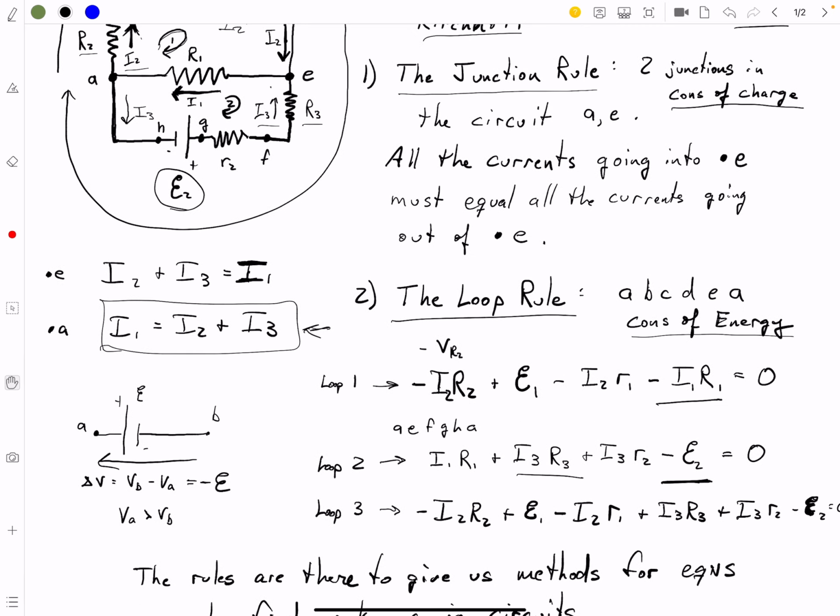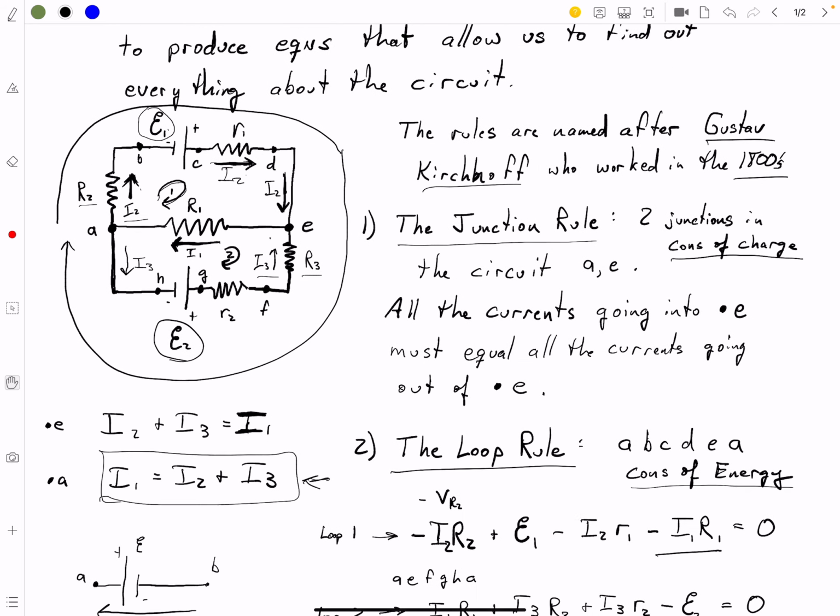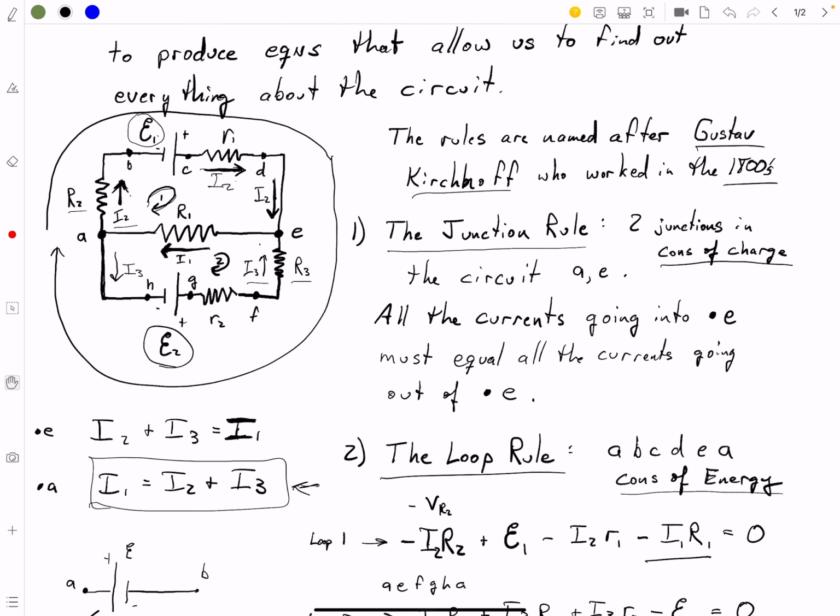I drew our loops. We've got loop 1 here, okay, with a little 1 in it. We've got loop 2 going here, going in that direction, and then we've got loop 3 going there.